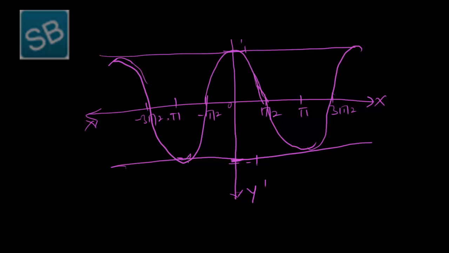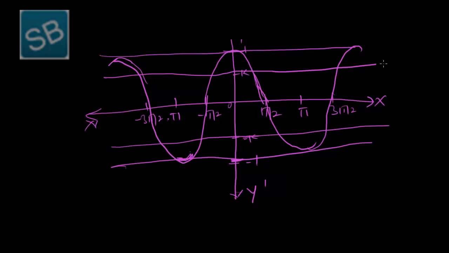So you can see here at y is equal to k, cos k and minus k are here, and we take this as y is equal to k and y is equal to minus k. You can see it cuts the curve at so many points.